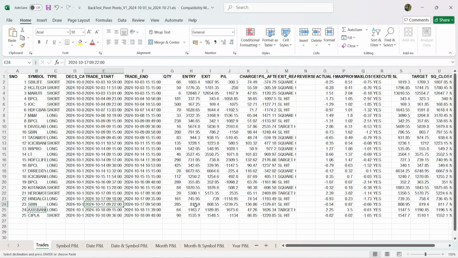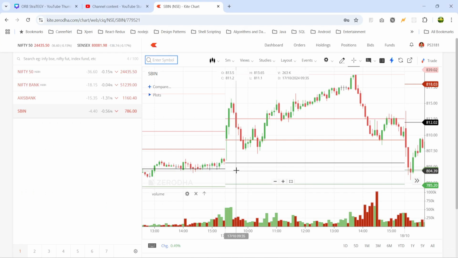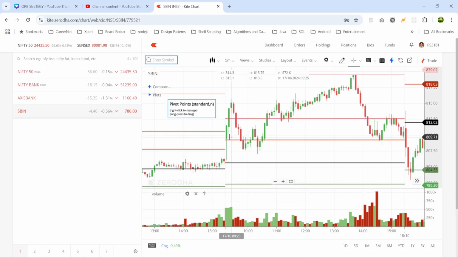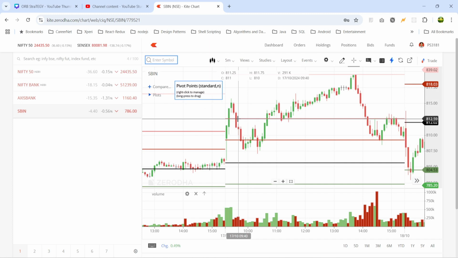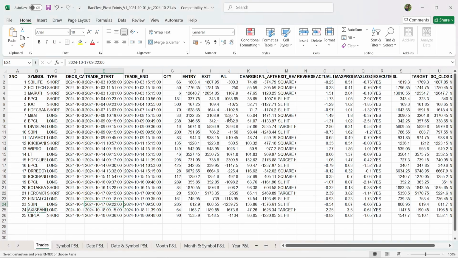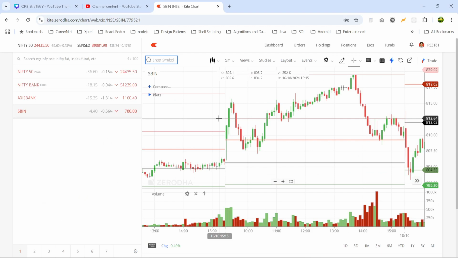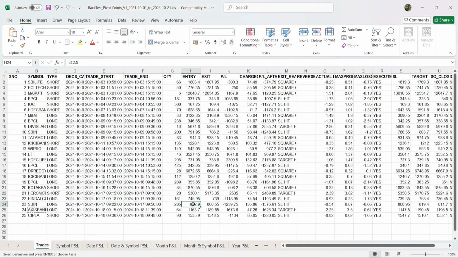The entry point is 812.9, that is resistance 2. Again, it's a long trade. This is the support line, this is R1, and this is R2. On this candle you can see the breakout happened above R2. If you look at the value of R2, it's 812, somewhere around it, so it's nothing but 812.9 here.